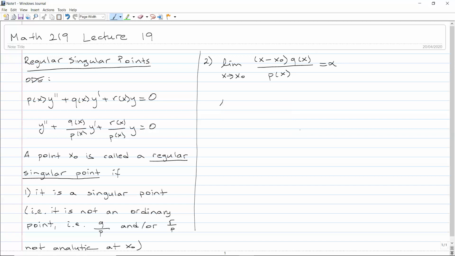And we look at the limit again as x approaches x0 of (x minus x0) squared times r(x) over p(x), say beta. So we require both of these limits to exist. So alpha and beta are real numbers, not infinity. The limit exists and is not infinity or minus infinity. They are real numbers.